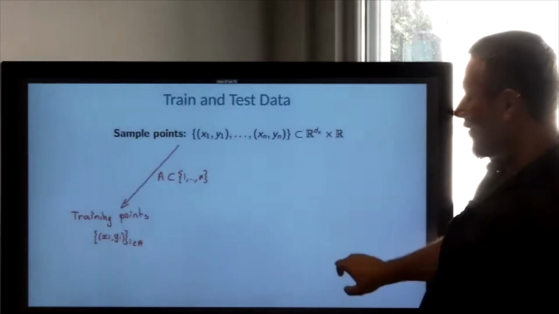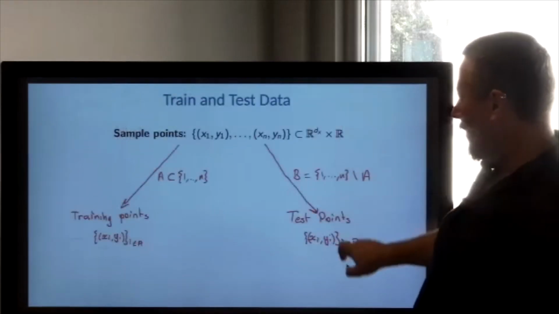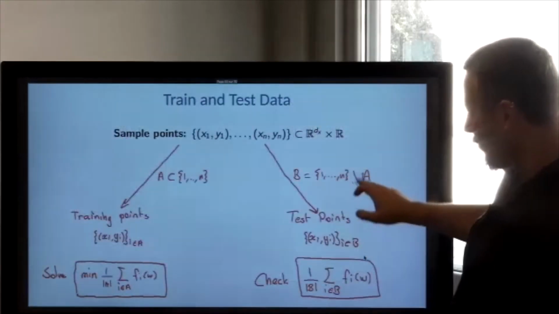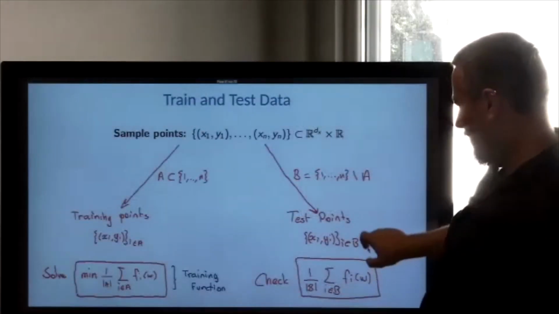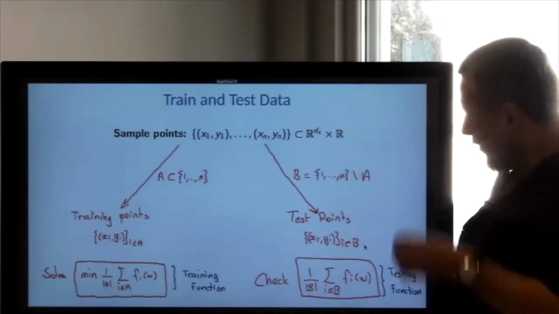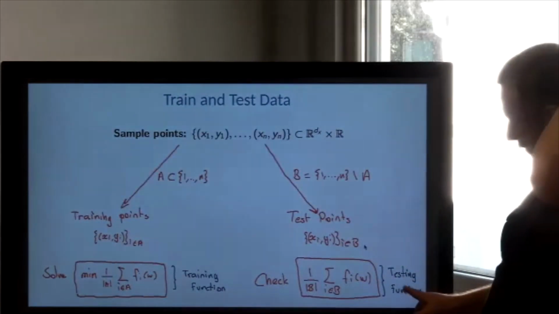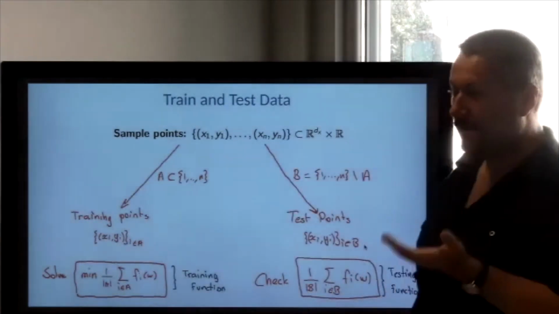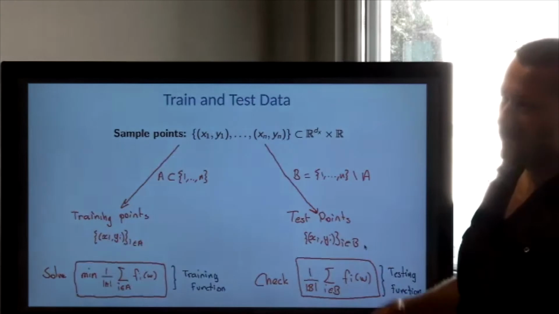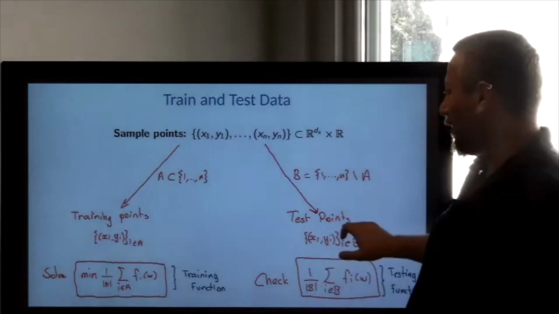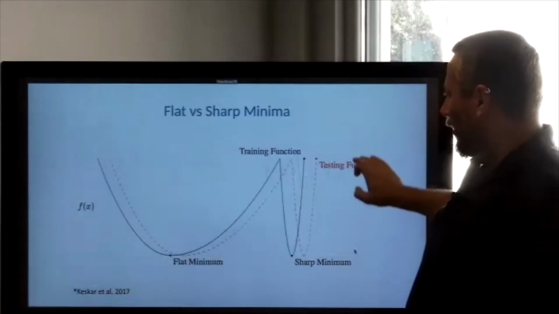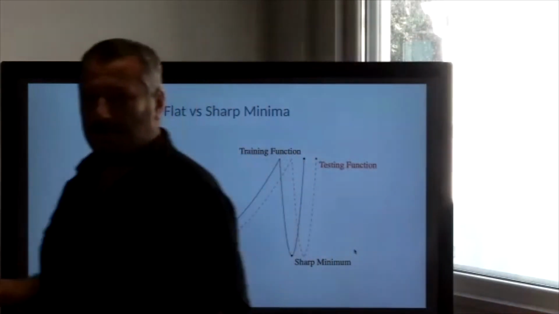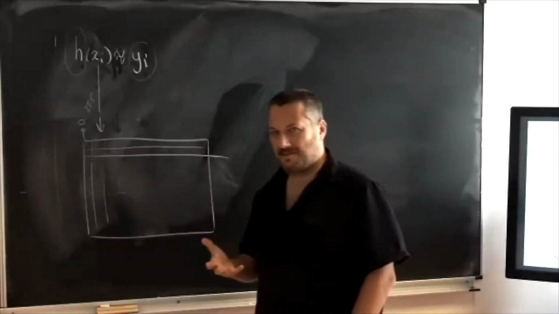All right, so that's what we are going to do. So if you look at the problem like this, trying to find a good minima for the testing function by just using the training function, then something surprising for me happens. Okay, so let's remember that I was talking about gradient descent.